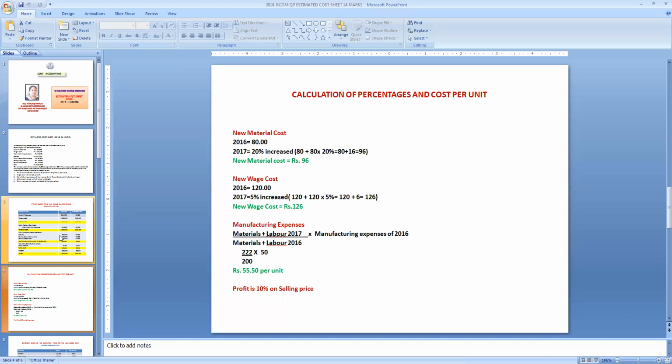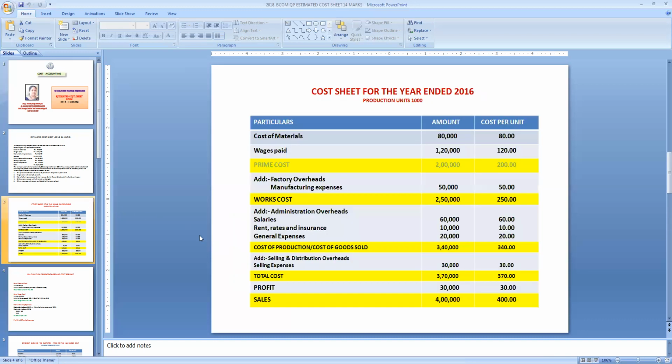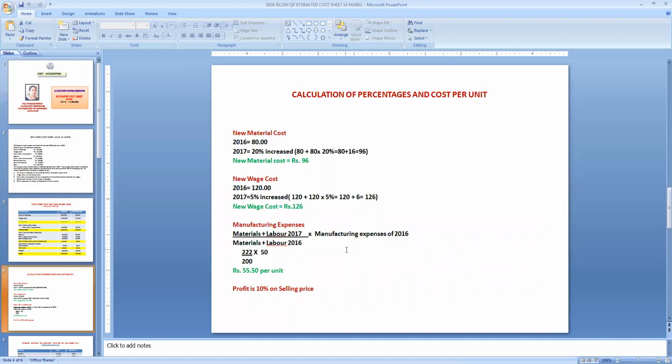In the question we have calculated that in the year 2016 the cost of materials plus wages per unit is 200 rupees, and manufacturing expenses is 50 rupees. So for the year 2017, the new material cost plus wage cost is 96 plus 126 rupees, which comes to 222 rupees. Therefore, 222 divided by 200 into 50.